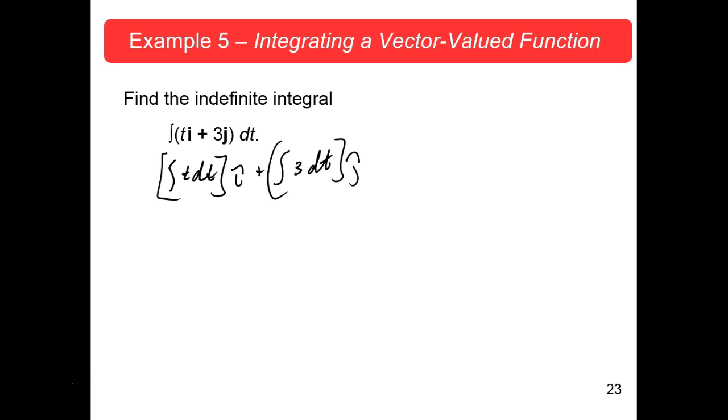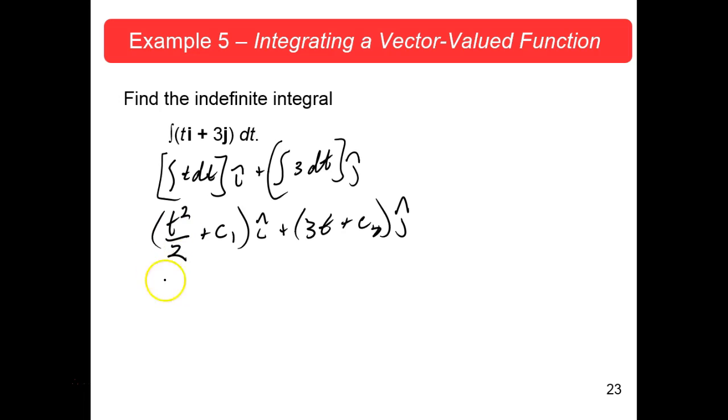What would that give you? T squared over 2 plus C1 i, plus 3t plus some C2 j.